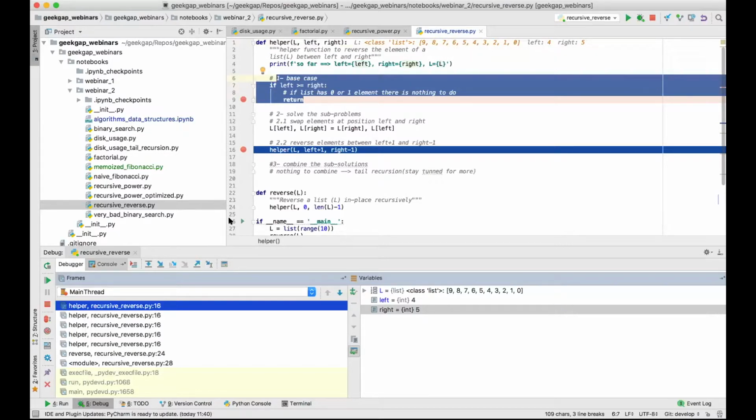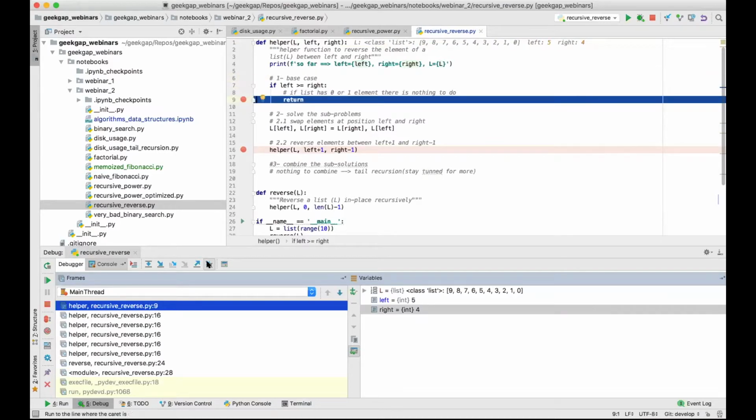So if I put something here, you'll see we're going to enter the base case. And we are there. And you see, by the time we are here, we have reversed the list actually. The list is already reversed.